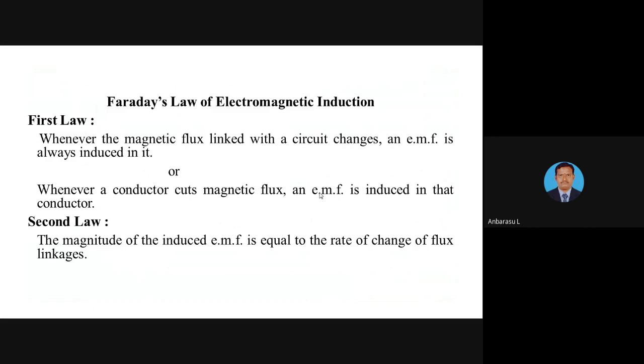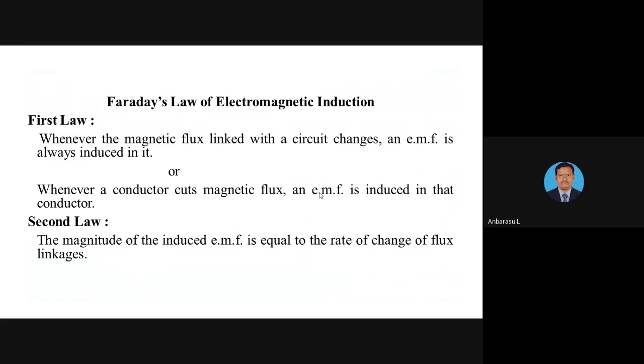Here the first law: whenever a conductor cuts magnetic flux, an EMF is induced in that conductor. That is a simple statement. Or, whenever the magnetic flux linked with a circuit changes, an EMF is always induced in it.